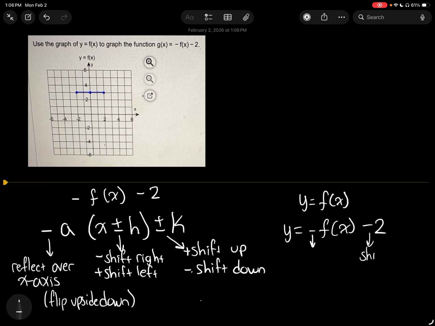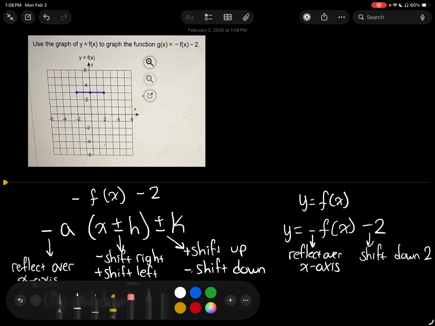So shift down 2, reflect over. I want to just grab this real quick.